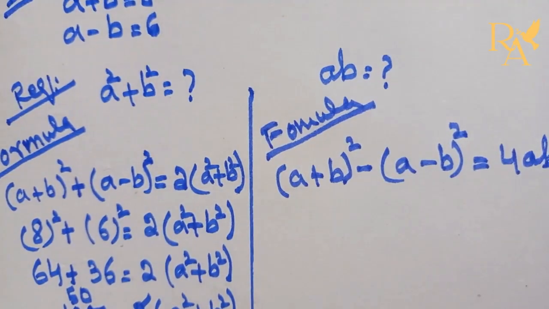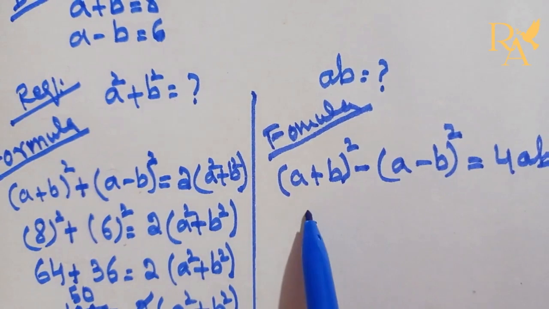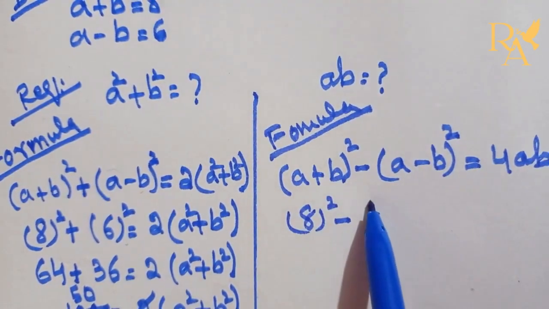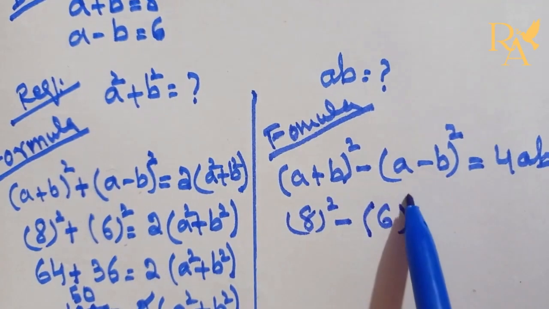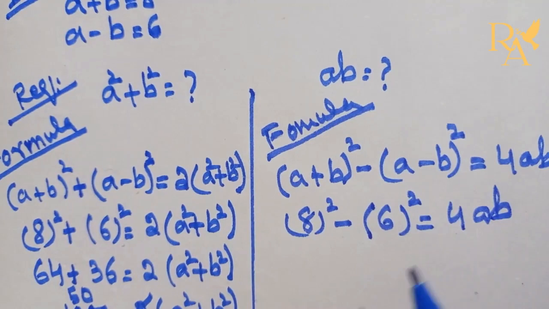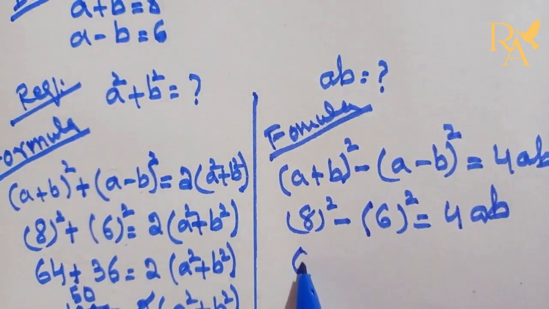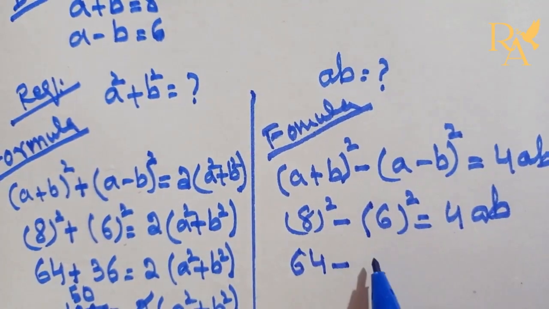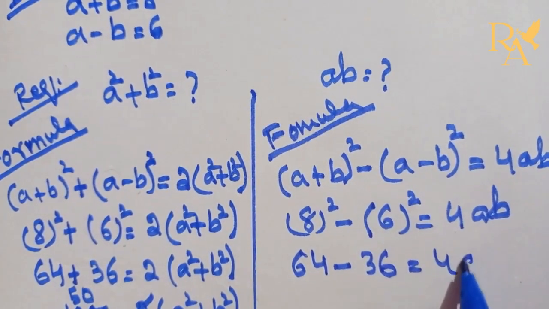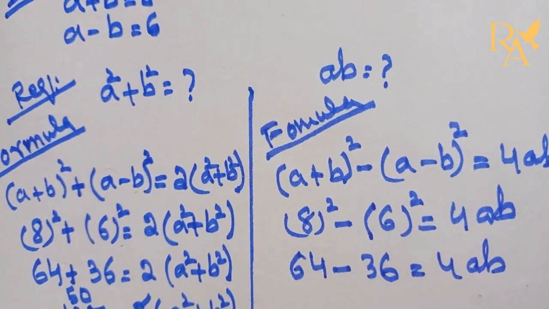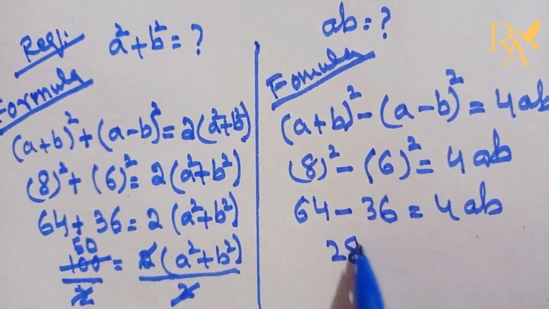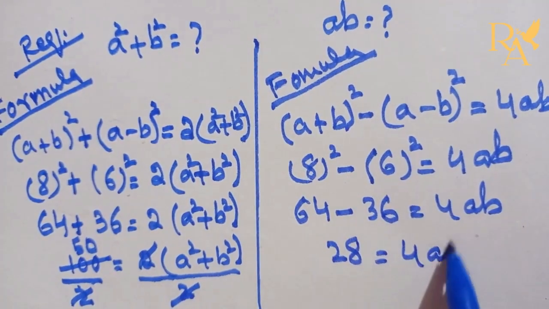The value of A plus B is 8 square minus A minus B is equal to 6 square is equal to 4AB. 8 squared is 64 minus 6 squared is 36 is equal to 4AB. 64 minus 36 is equal to 28, which is equal to 4AB.